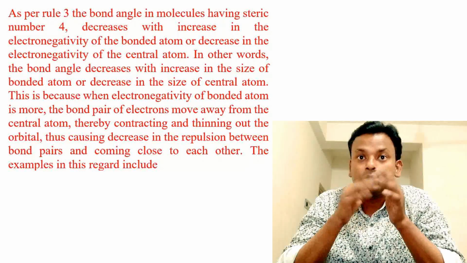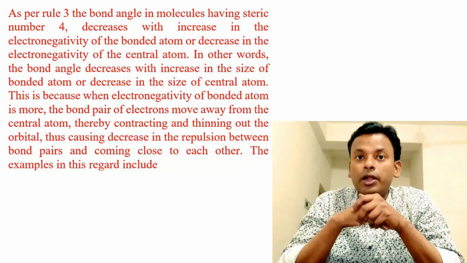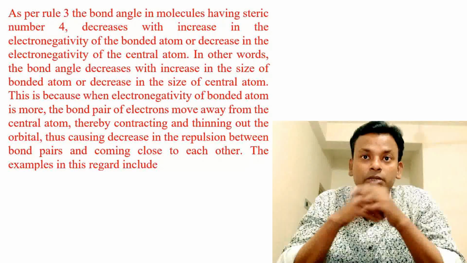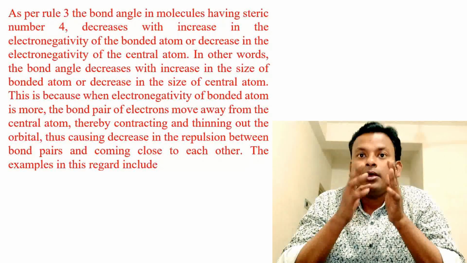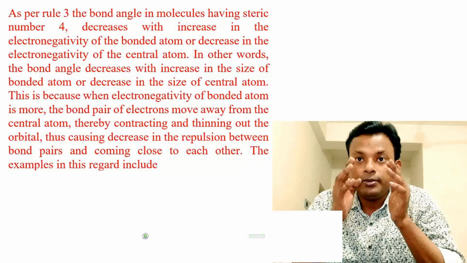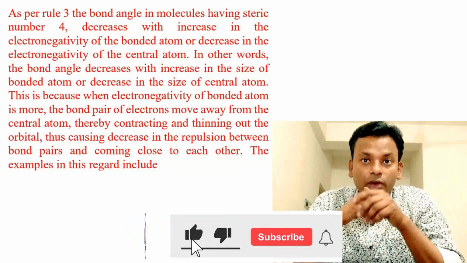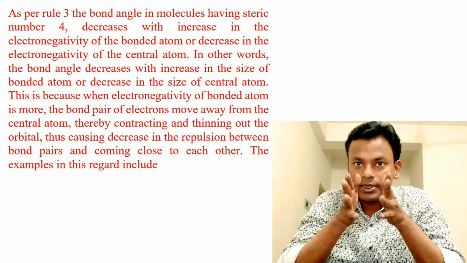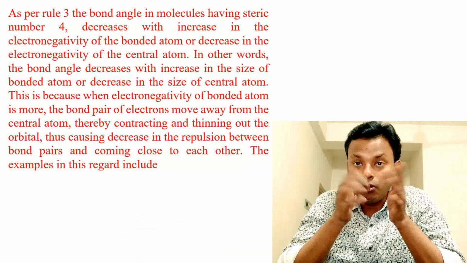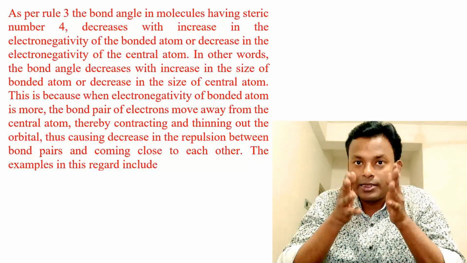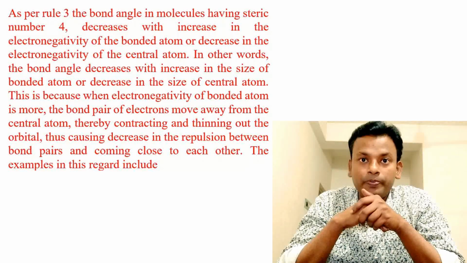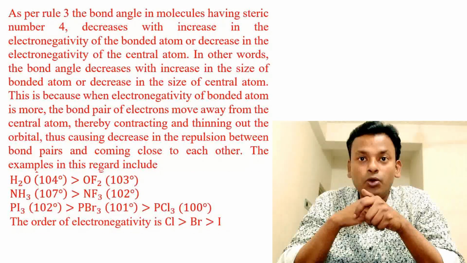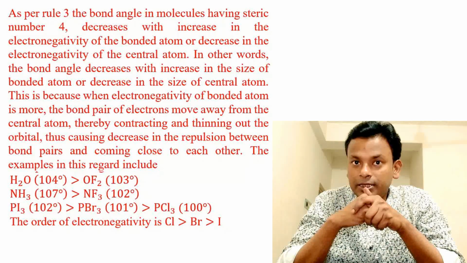This is because when the electronegativity of the bonded atom is more, the bond pair of electrons moves away from the central atom, thereby contracting and thinning out the orbital, thus decreasing the repulsion between bond pairs and bringing them close to each other. An example is H2O at 104 degrees, greater than OF2 at 103 degrees.